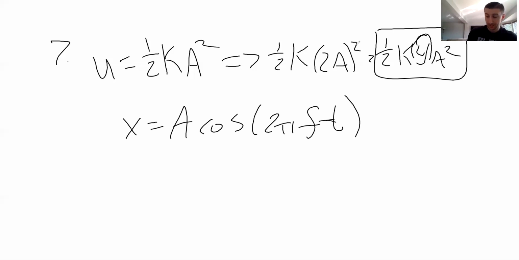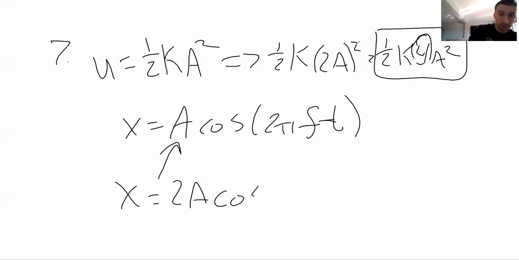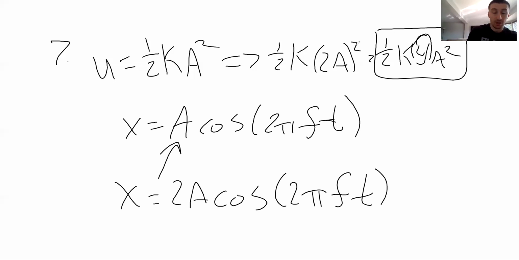Now, if I look at that, what happens if this gets doubled? Well, pretty straightforward. It doubles, right? Because you're adding in a factor of 2. This is the same. So if I look at the answer sheet here, 4 times larger, 2 times larger, my answer should be B.